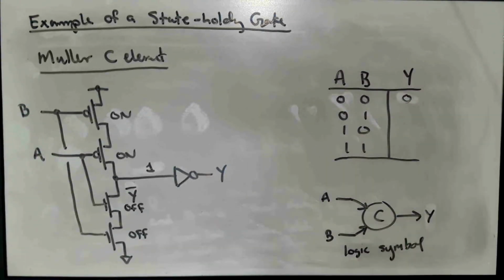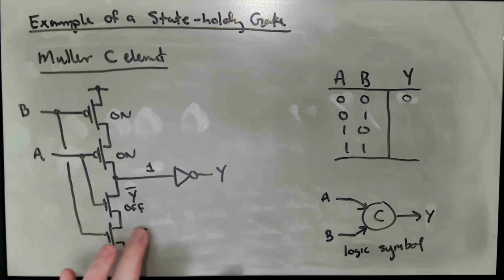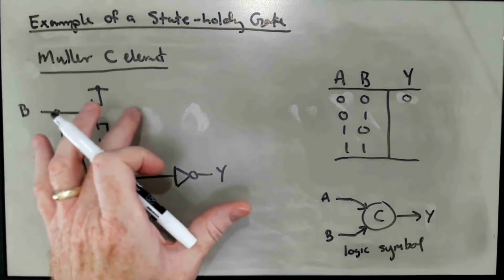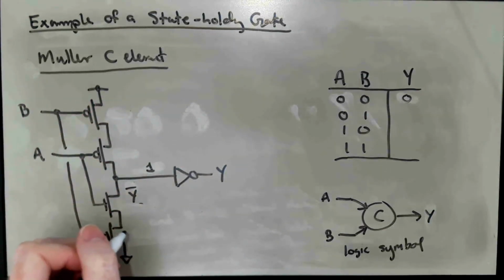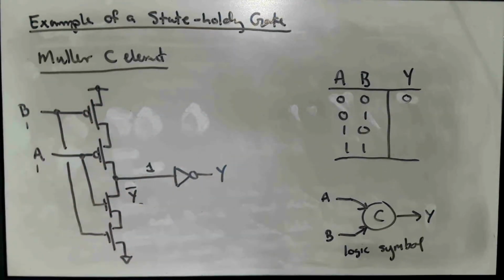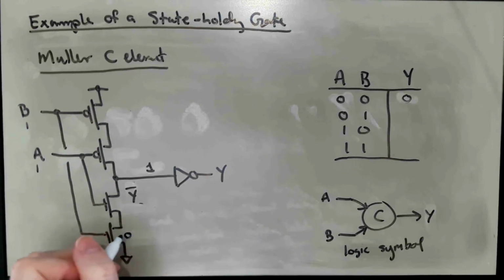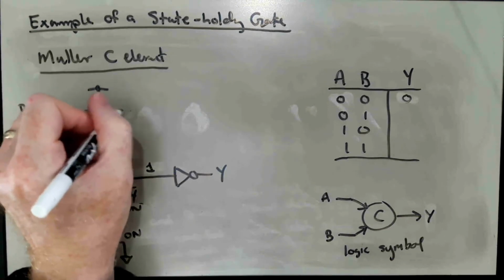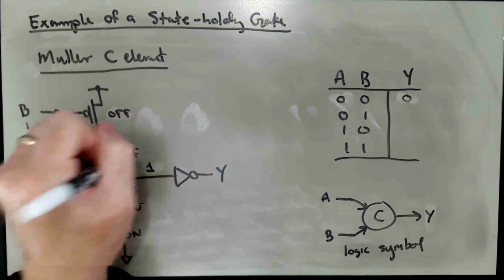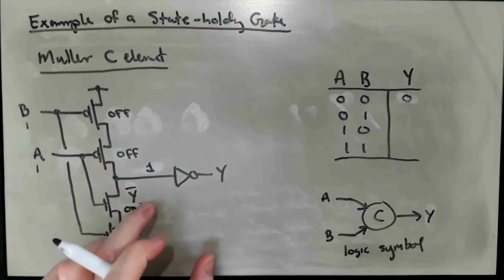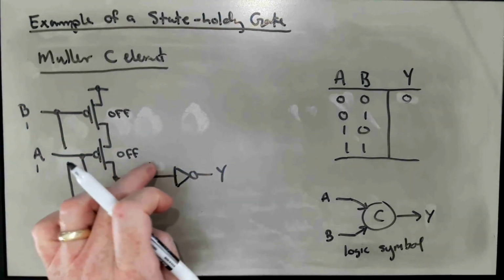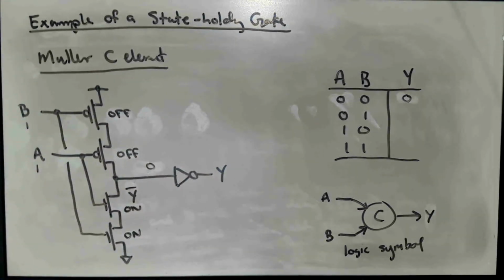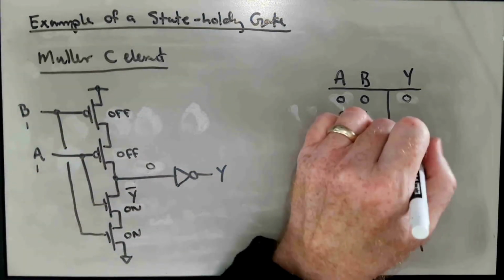Let's go to the 1, 1 phase. In the 1, 1 phase, I'll have both of these transistors on and both of these transistors off. So the pull-up network is completely cut off, but the pull-down network is completely conducting, and so we have a nice solid connection to ground, so that Y bar is driven to 0 and Y goes to 1.